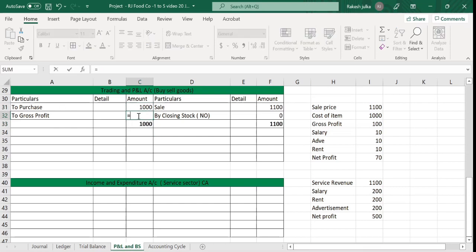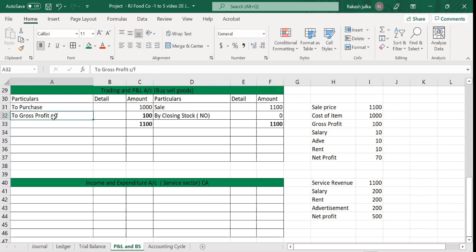Here I'm going to write an equal to sign, then the sum total of these two items, minus the sum of all the items here, and that will be $100. So $100 is the gross profit. I'm going to write it here, CF. CF means carry forward. I'm just carrying forward this $100 to the next line.